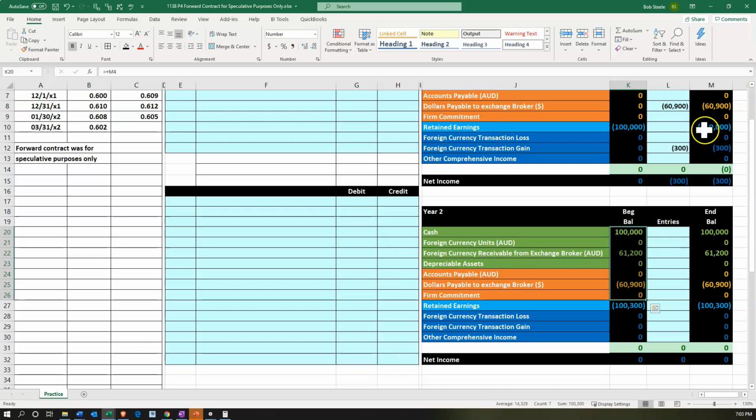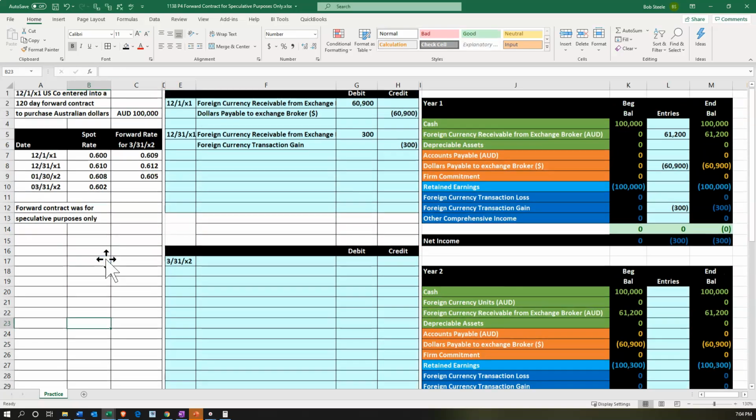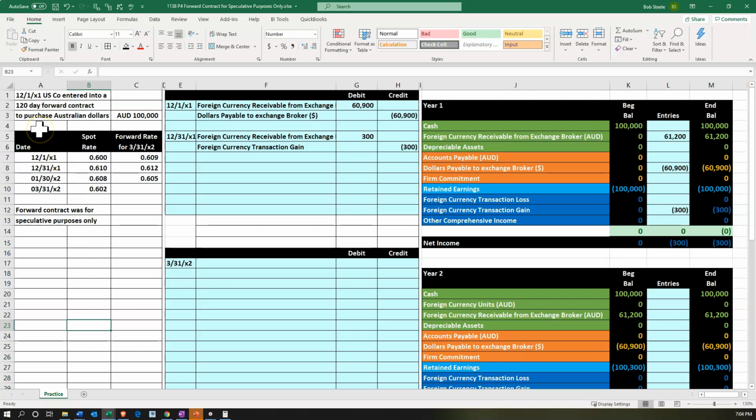And then all the equity accounts here adding up to the 100,300 are in our equity section, which I'm just going to call retained earnings here. So we have nothing in the temporary accounts. So now on 3/31 X2, this thing becomes due. That's the 120 days later having now expired.